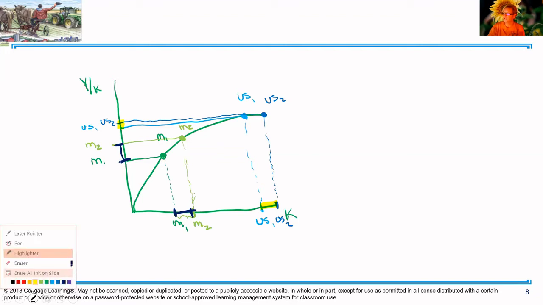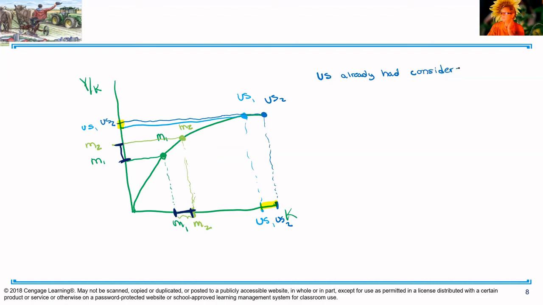And the reason for the catch-up effect is that it all depends on where you start from. Because the US already had considerable resources or machinery, then the gain or the growth that they get from that investment is relatively low.